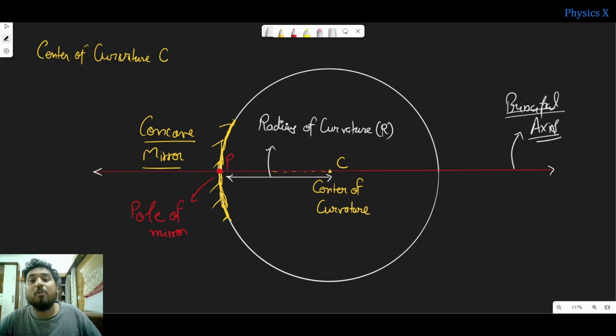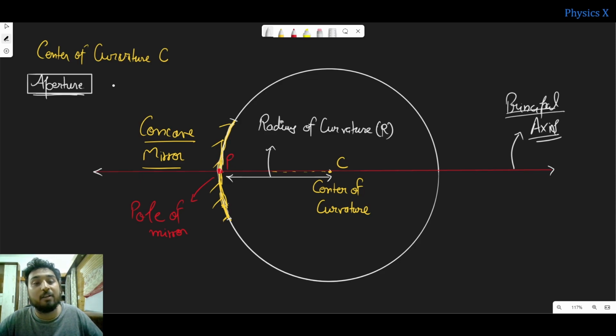Okay. Now we will learn about what is the aperture of a mirror. The aperture of a mirror is not that important in our analysis, but you must know what it is. The aperture is nothing but the length of this reflecting surface, this reflecting part.